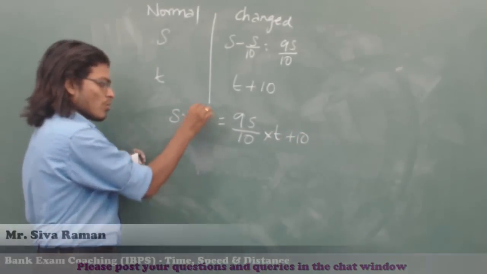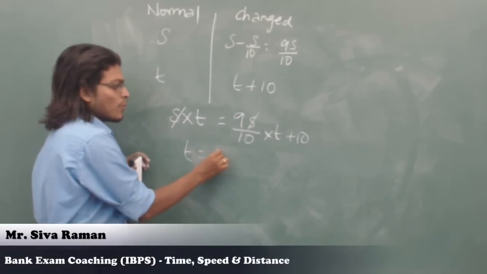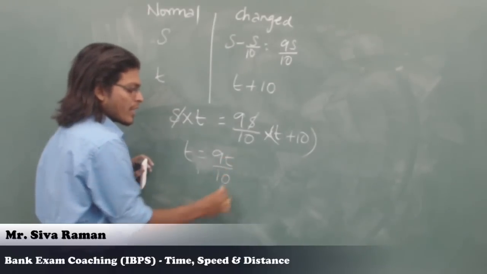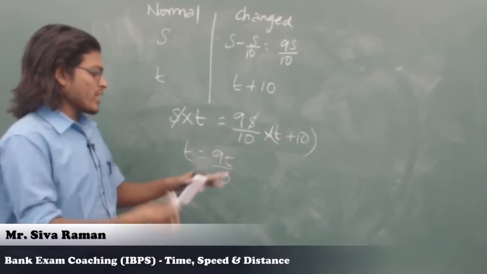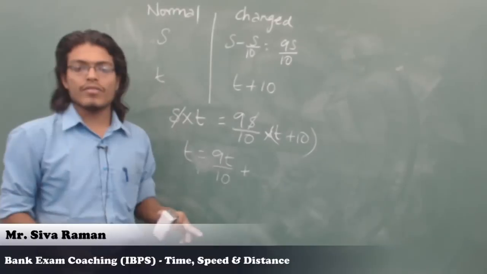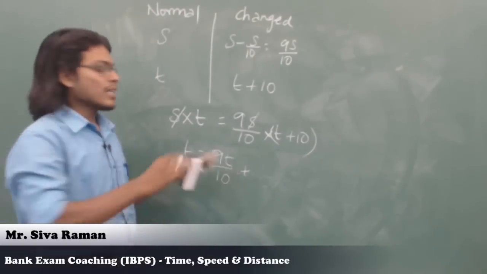Right. So we can cancel S. T is equal to 9T by 10 plus 9. Look at the question. How much extra time does he take? It is 10 minutes.